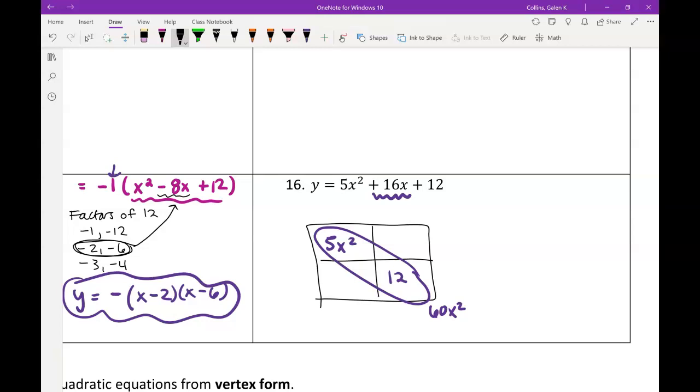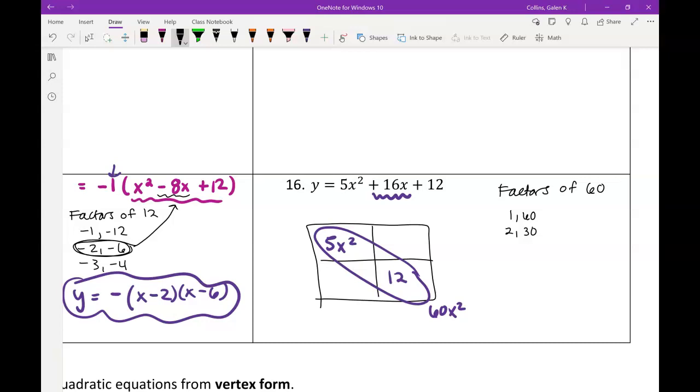So let's think about our factors of 60. And again, if you need a calculator to help you, that's okay. Just grab one. Doesn't have to be graphing. You could use your phone if you're doing this at home. All right, so factors of 60. Well, I have 1 and 60. I have 2 and 30.